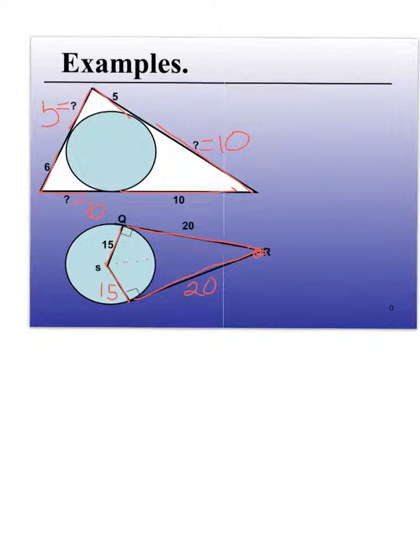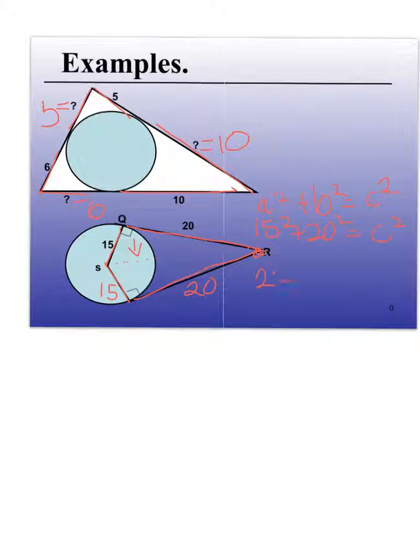If I needed to find the length of this side, since I have two of the sides of the triangle, all I have to do is use a squared plus b squared equals c squared, the Pythagorean theorem. I have the length of two sides, so 15 squared plus 20 squared is going to give me the hypotenuse squared. And we know that it's the hypotenuse because it's across from the right angle.